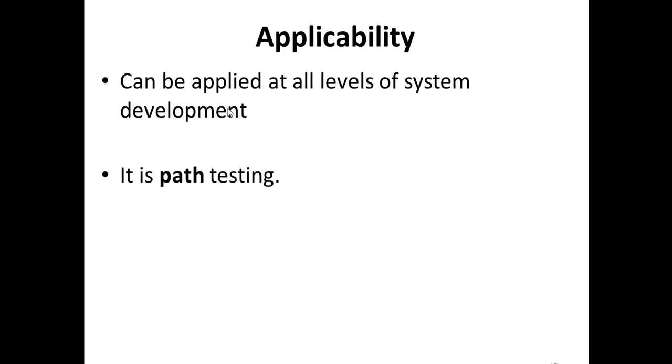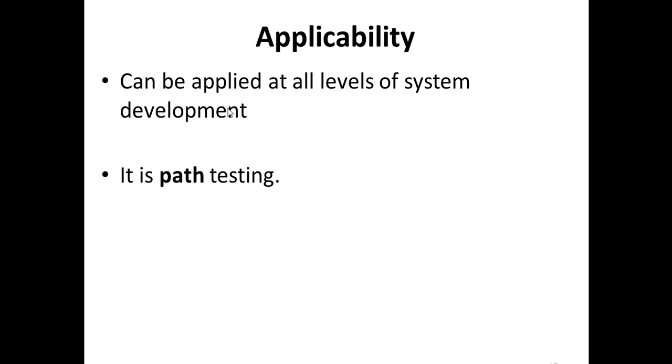The applicability of white box testing is throughout system development, meaning it can be applied at all levels of development, right from unit testing to integration testing to system testing. We can expand our horizons towards all these segments of the software. Basically, it is called path testing, because in white box testing we have access to the internal parts of the software.